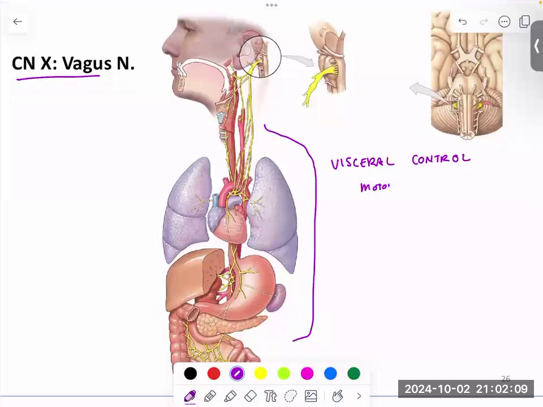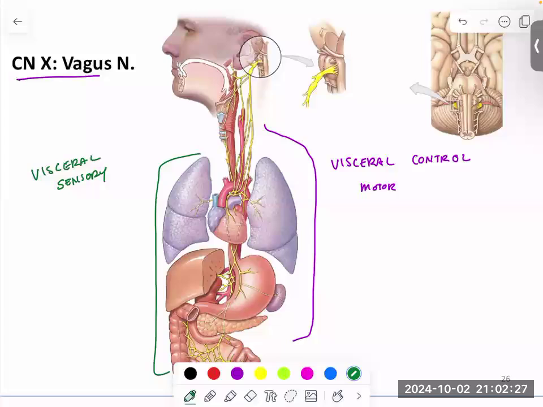It is also responsible for visceral sensory. Touch, temperature, pain of your viscera. This one is both motor and sensory. I always tell students, remember, V for vagus is for visceral motor, visceral sensory.